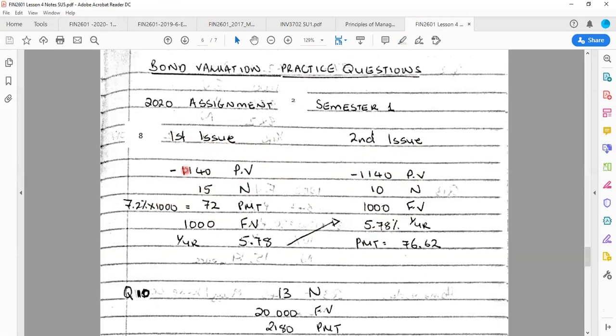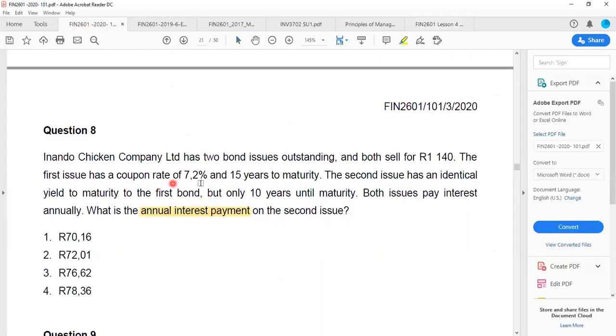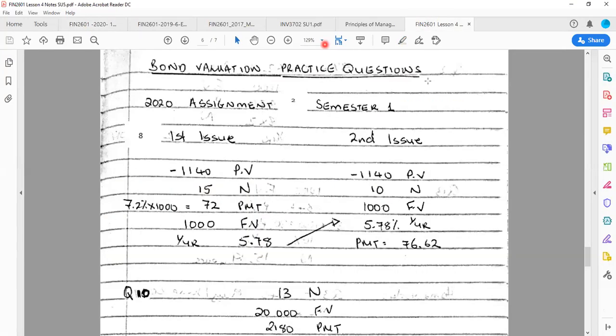The first bond has a coupon rate of 7.2%, so the coupon payment is 7.2% times the par value, giving us a PMT of 72. 1,000 is the future value, the FV, right? So we can input these items into our financial calculator to get a yield to maturity of 5.78 for the first bond.